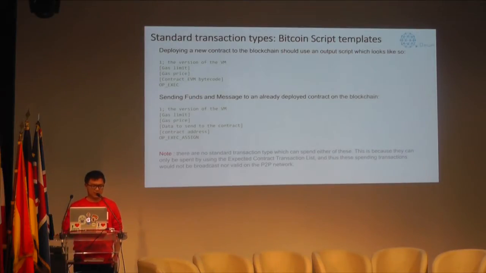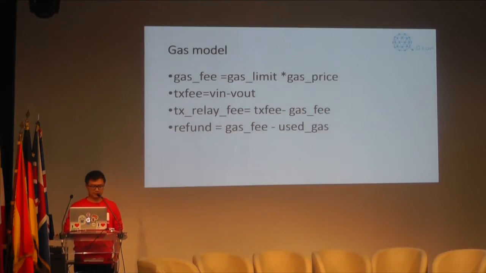But there is no standard transaction type which can spend either of them, because they can only be spent by using the expected contract transaction list. This way, these spending transactions will not be broadcast, or will not be valid, on the peer-to-peer network.